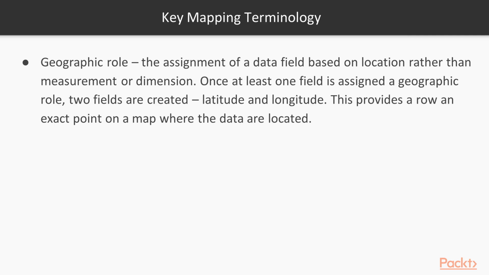And if Tableau detects it or you set it up, then Tableau will automatically create a latitude and longitude unless there are errors. And sometimes it assigns the wrong latitude and longitude. So any geographic role is something that has a globe icon, and we're going to see that as we get into this section.